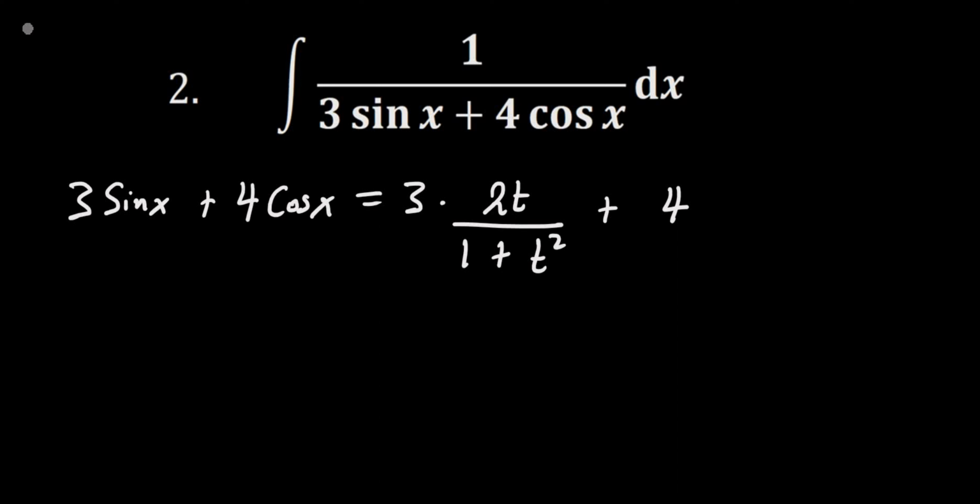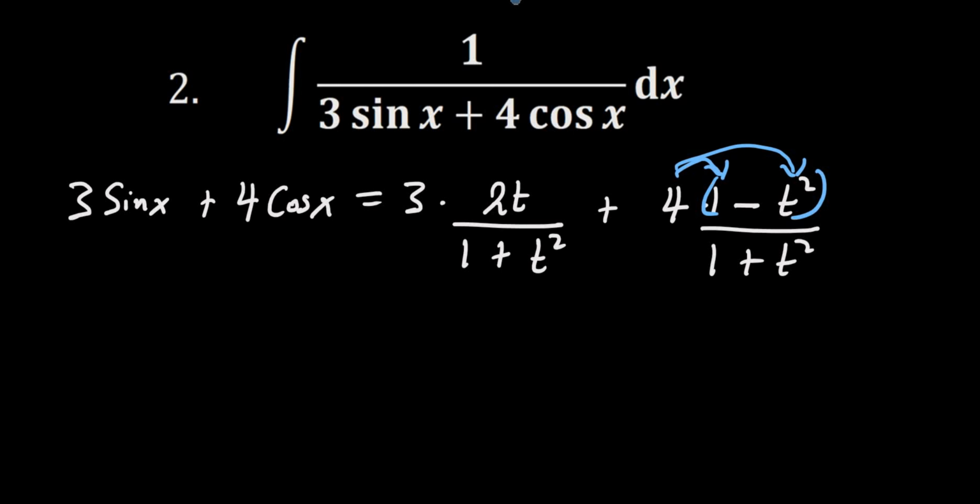The value of cos x is (1 minus t squared) over (1 plus t squared). So we can simply put this in the parentheses, and next we are going to distribute this 4. Use this 4 to multiply 1, and also use this 4 to multiply t squared.